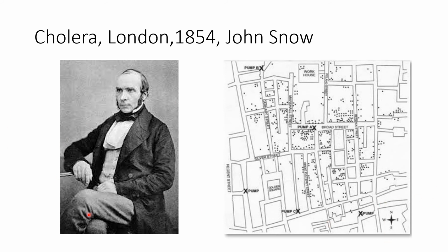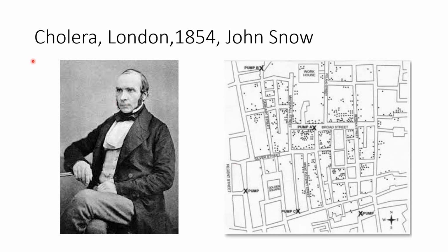So just for interest, this is John Snow, the father of epidemiology. He was the first one to have a detailed usage of spot maps in identifying the causes or factors associated with disease.